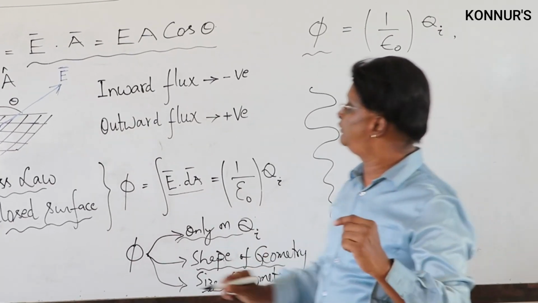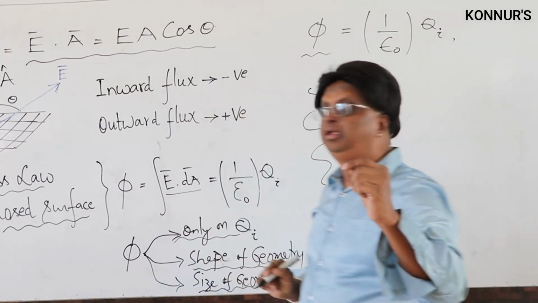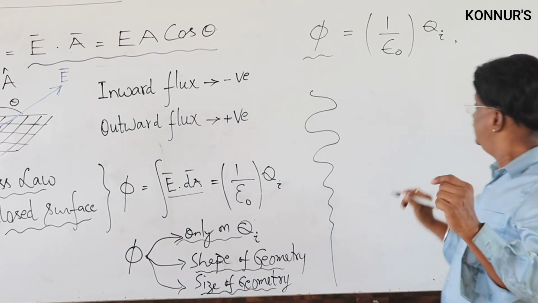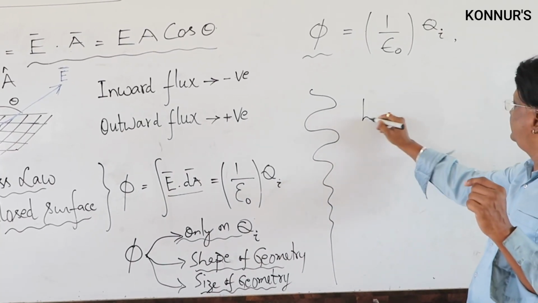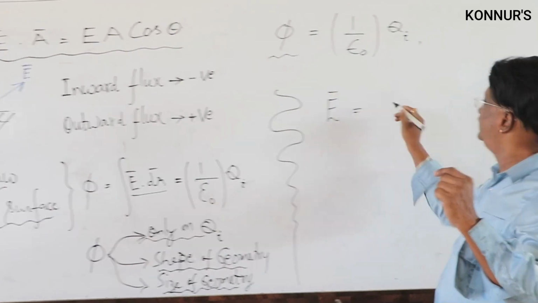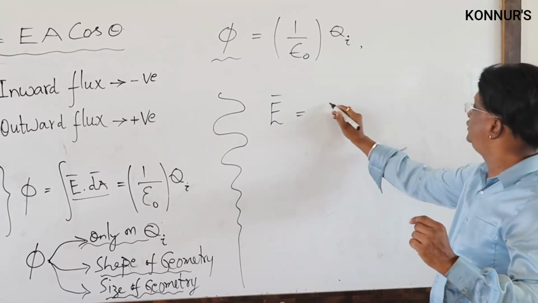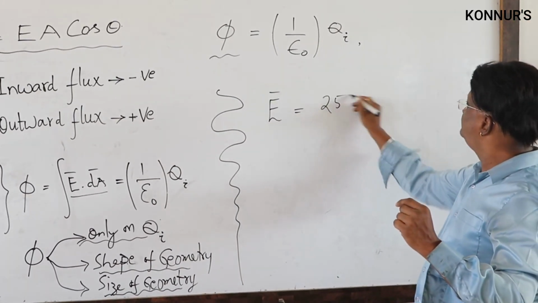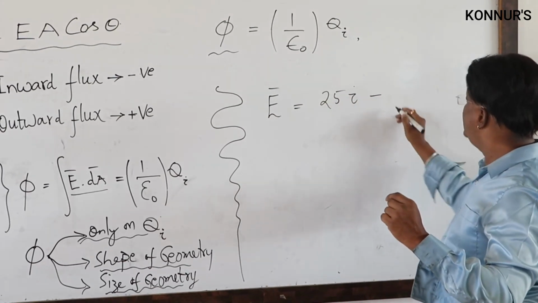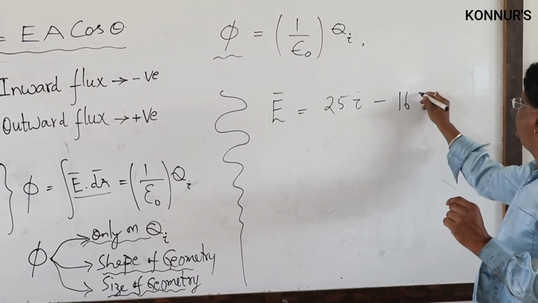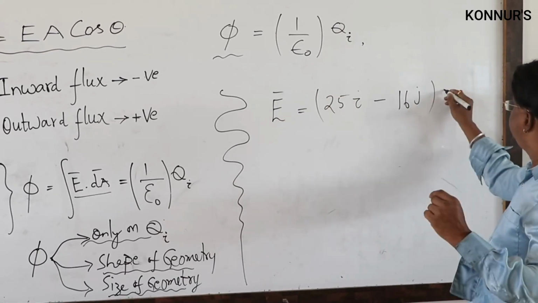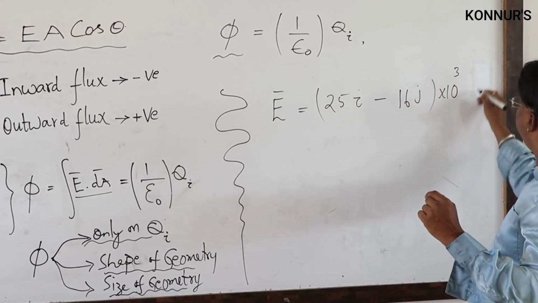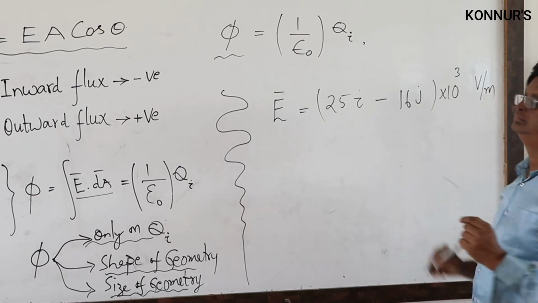And one more example I would like to show for this E bar dot A bar. Now an example like this. A region contains an electric field, E bar is equal to 25 i minus 16 j times 10 power 3, suppose volt per meter.